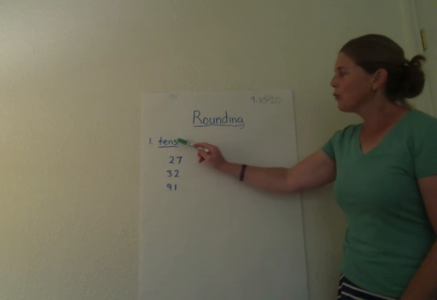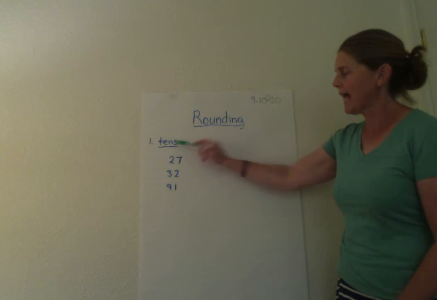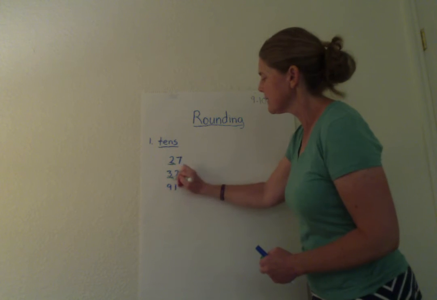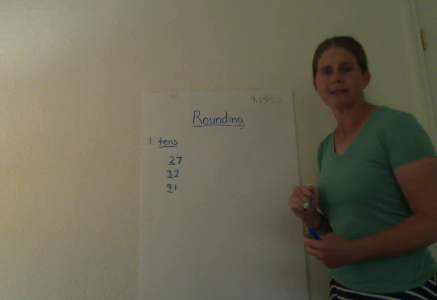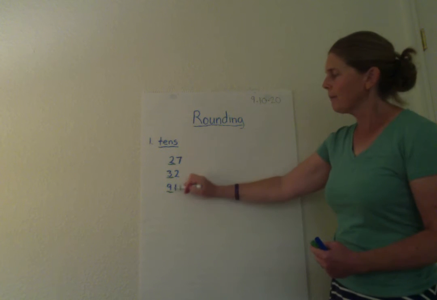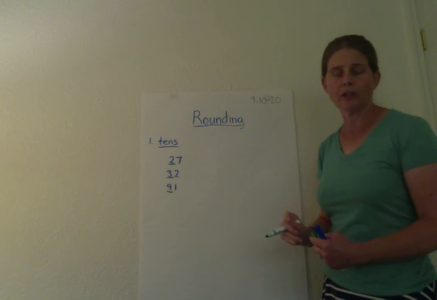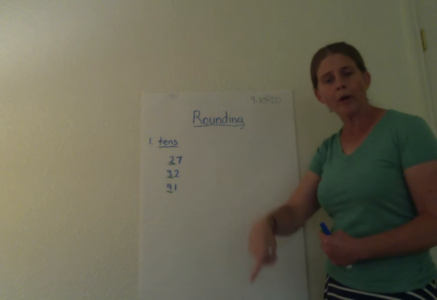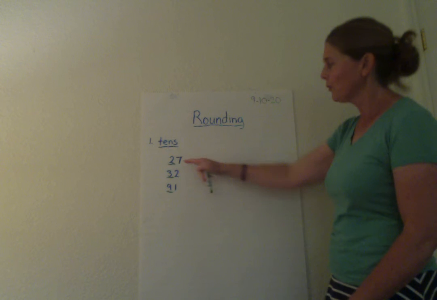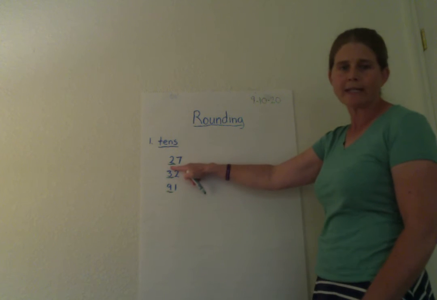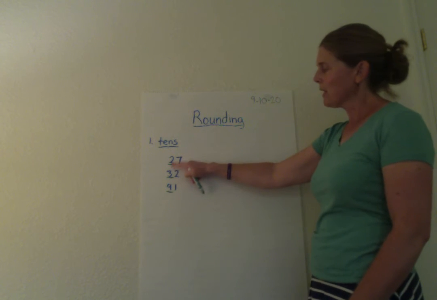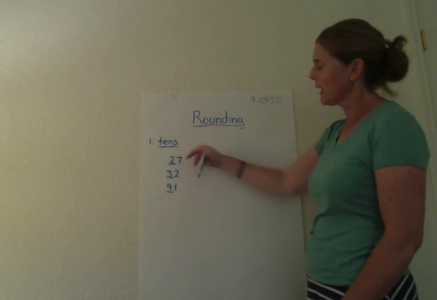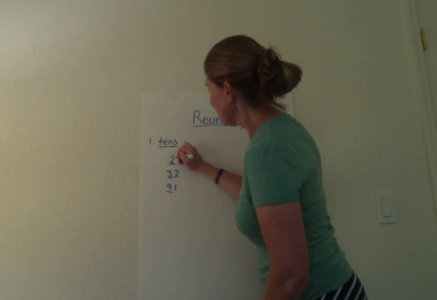Okay, so when we talk about rounding to the tens, we know that this is the tens place. That is the number that's going to change. It can either go to the higher 10 or the lower 10. So for example, let's just look at 27 for a minute. If I'm thinking about the higher 10, that would mean me going up to 3, right?